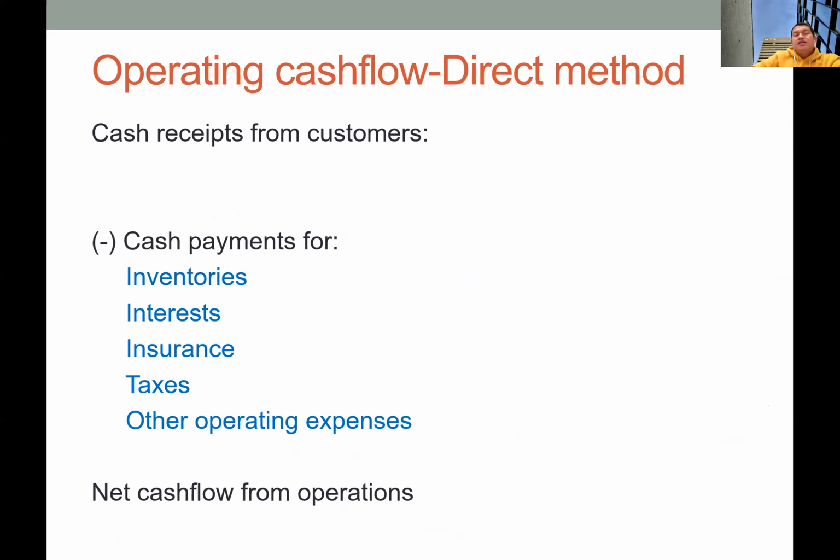Next we move to the operating section of the cash flow statement. In this section we have two methods. The first one is the direct method, and the next one is the indirect method. The accounting standard suggests the company use the indirect method because it involves a more detailed calculation than the direct method.